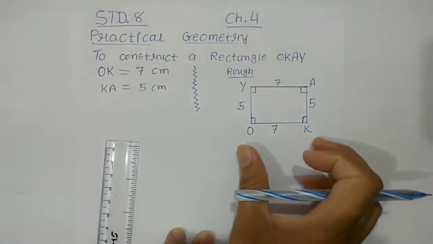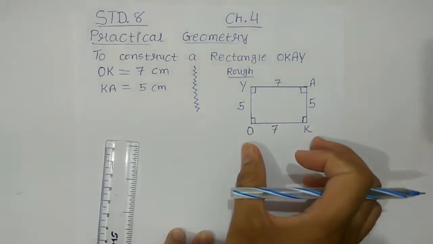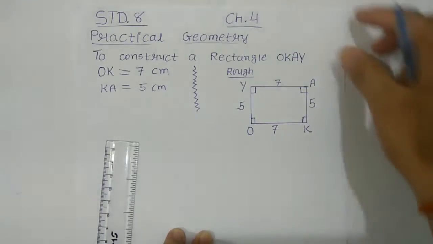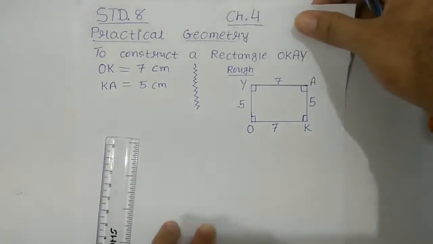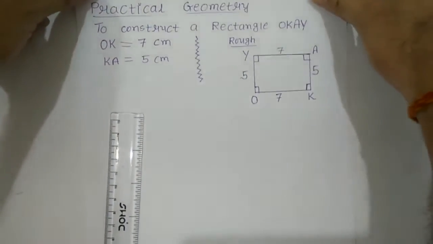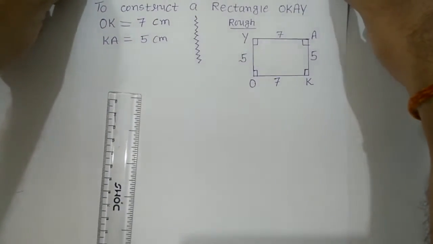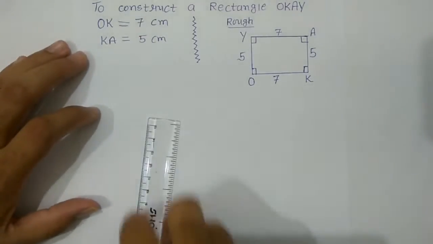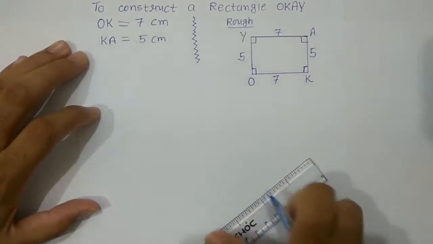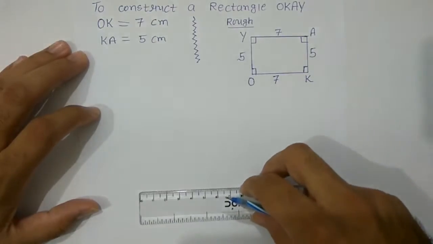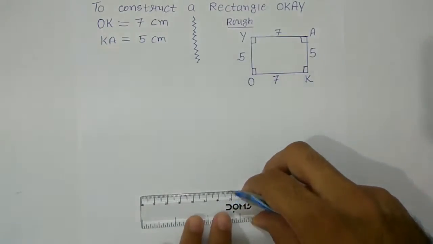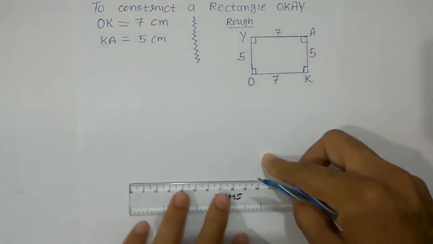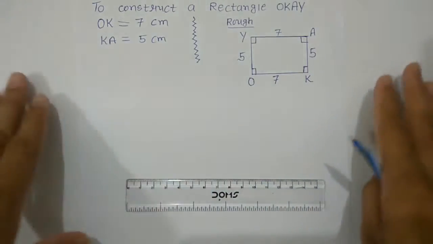Okay, let us start from the base, and that is of 7 centimeter. So first of all we will draw the base, that is of 7 centimeter, right? So here is the scale. So we have to take a distance of 7 centimeter on the scale, right?